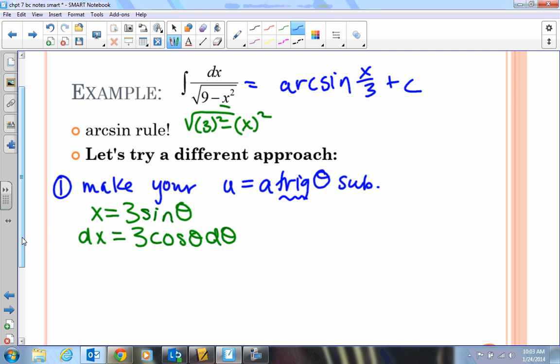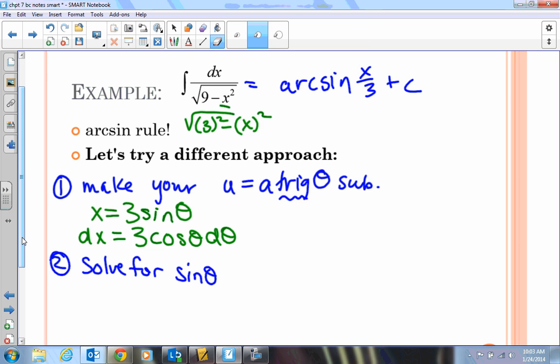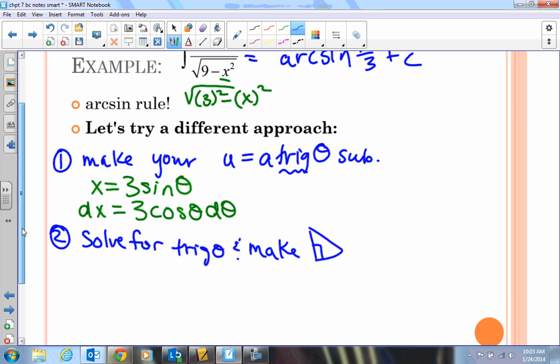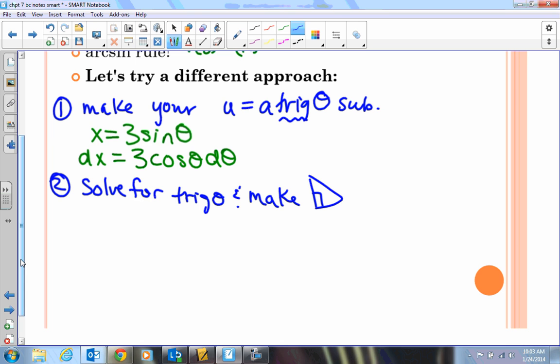Okay, step 2. Solve for your trig theta, in general, and make a right triangle. So that's our general step.